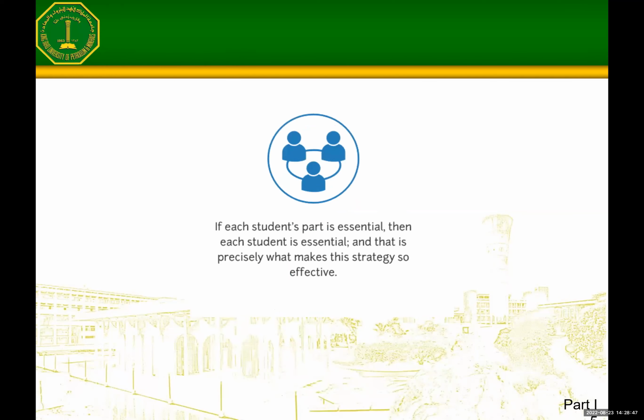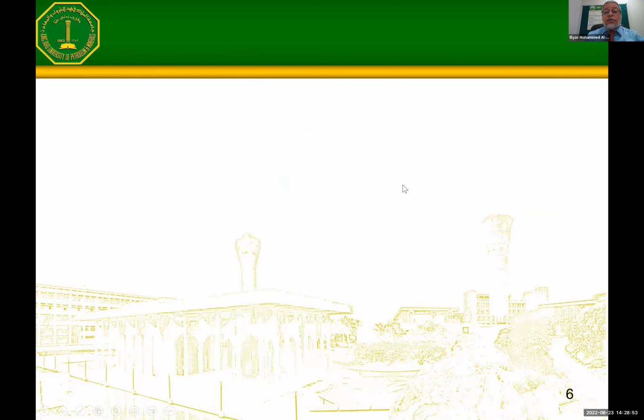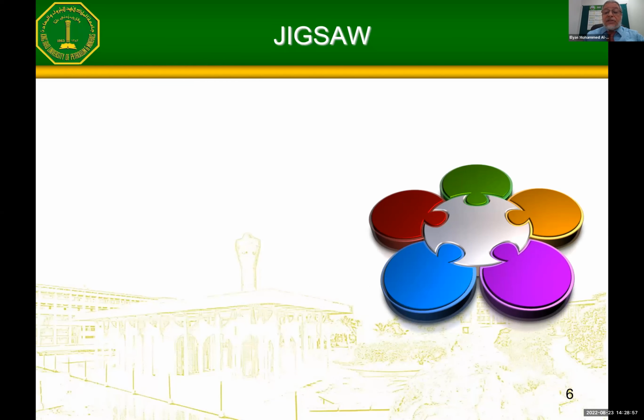No problem. Like I said, each student has a very important part to do in the group. Now, to explain it, basically, what I do is this. Students will be sitting in a circle, like a round table. If you have round tables, if not, they can just make a little circle.